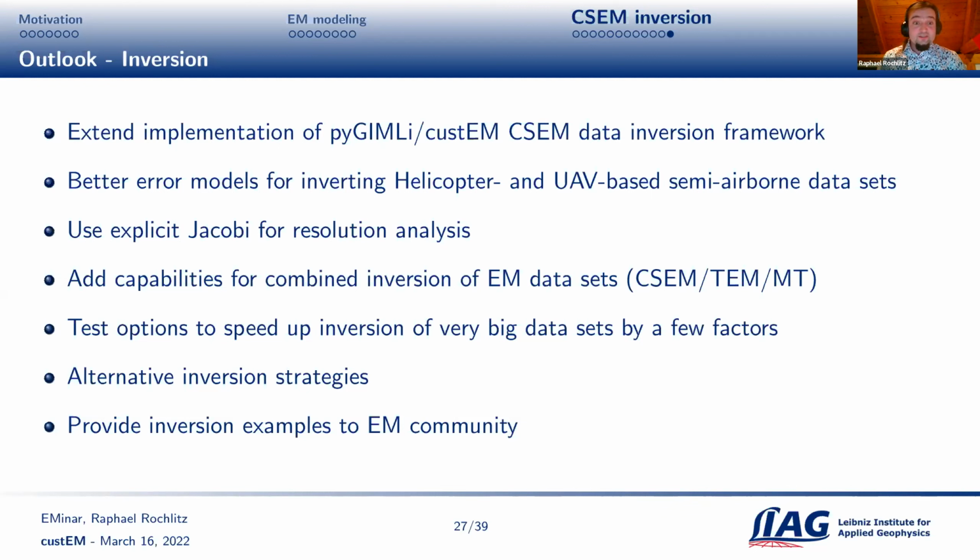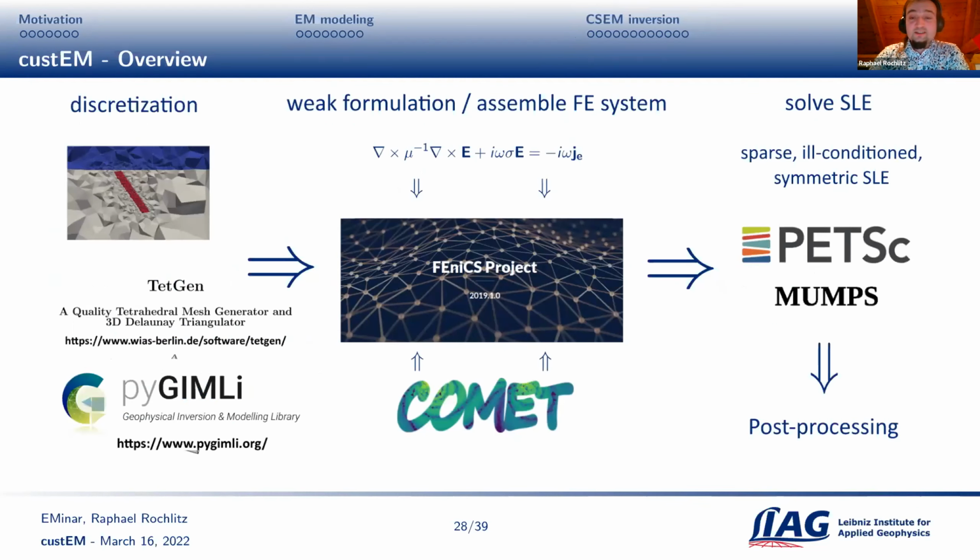I have a few options in mind to speed up the inversion procedure to handle even larger data sets in a few days. We could also think about different inversion strategies, of course. And in the end, we also want to provide, similar to our modeling examples, these inversion examples to the EM community. And with that, let's talk about custEM.